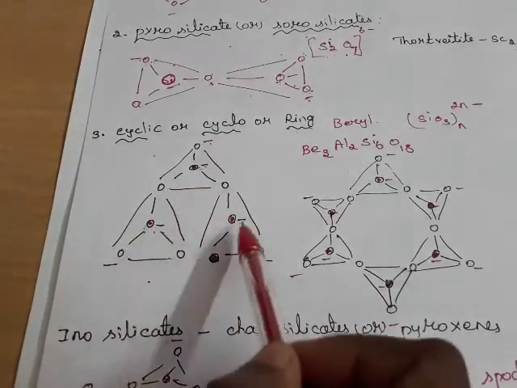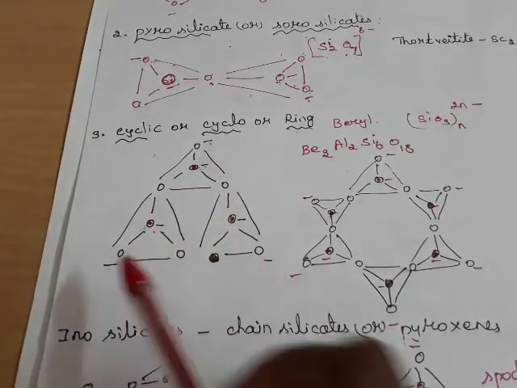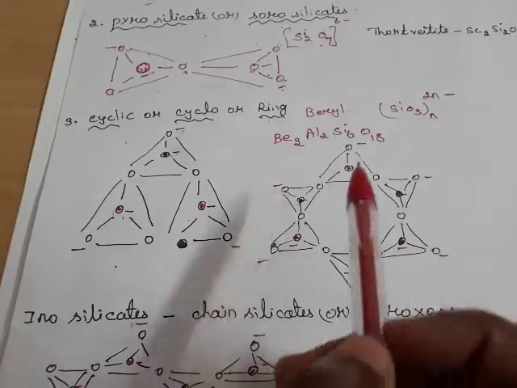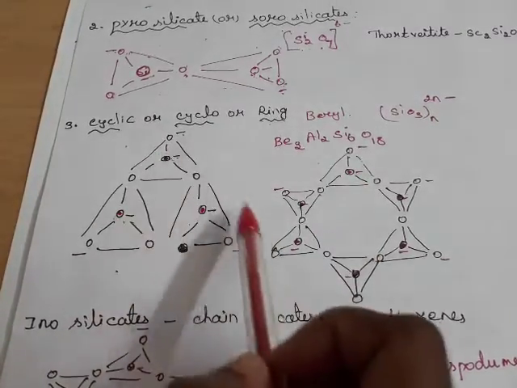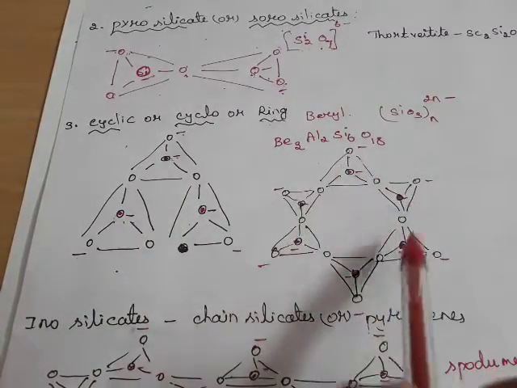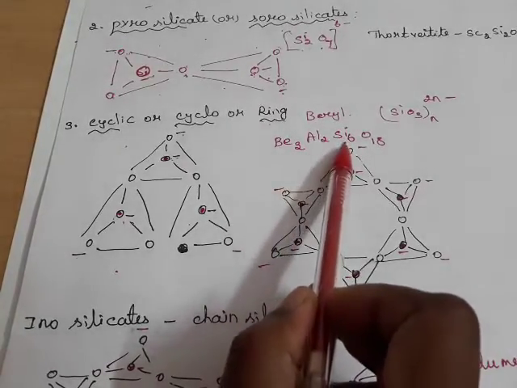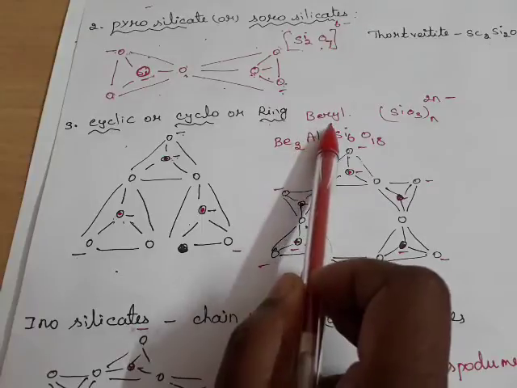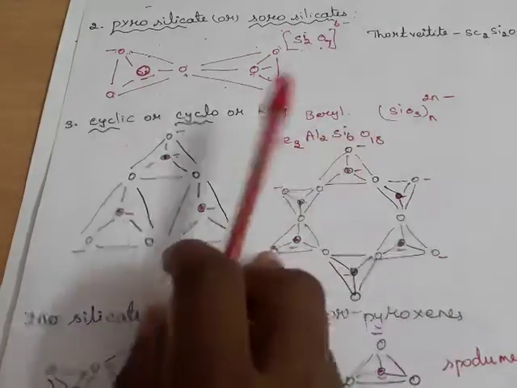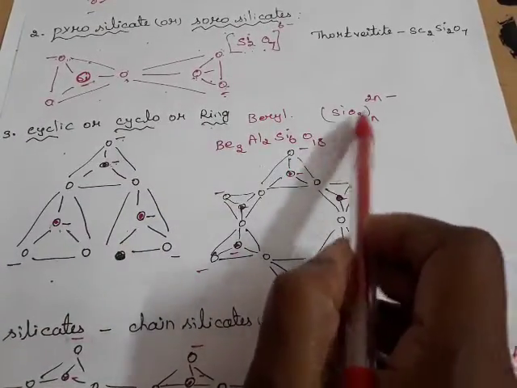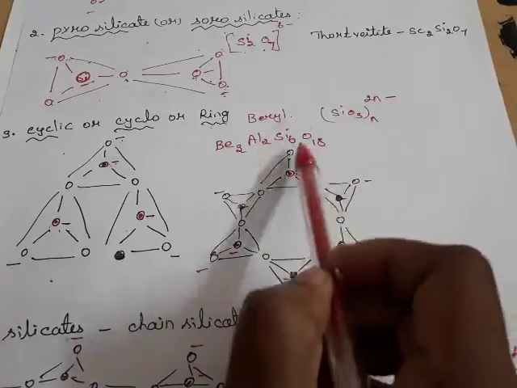This is also the cyclic silicate, the ring silicate. The formula is Be3Al2Si6O18, and the example is beryl. The common formula is SiO3 to the power n, 2n minus ion.